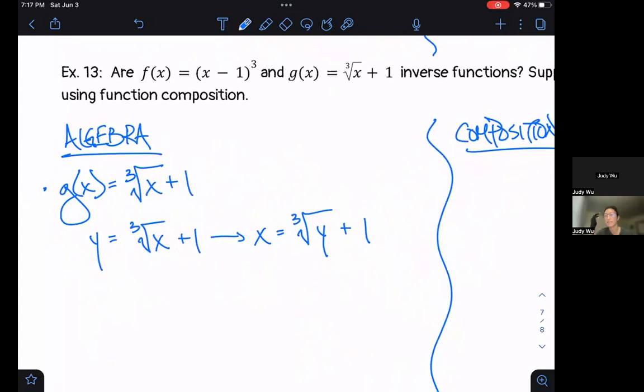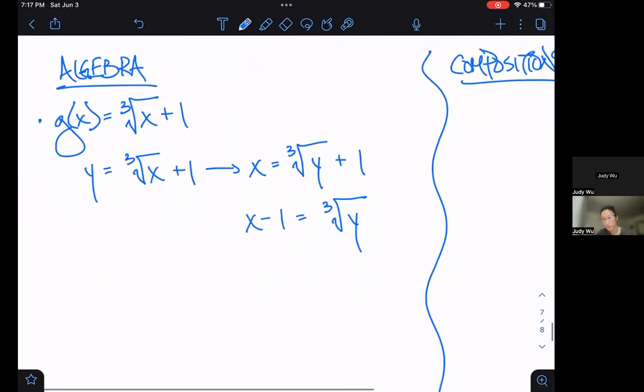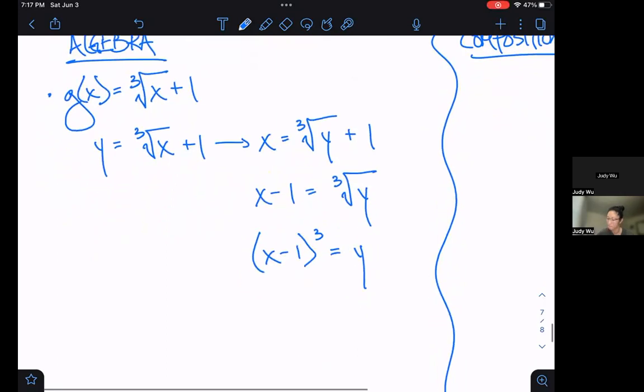Now, if we want to isolate the new y, the first thing we should do is subtract 1 from both sides. So x minus 1 equals the cube root of y. Now, to get rid of a cube root, I have to cube everything. So x minus 1 cubed equals y.